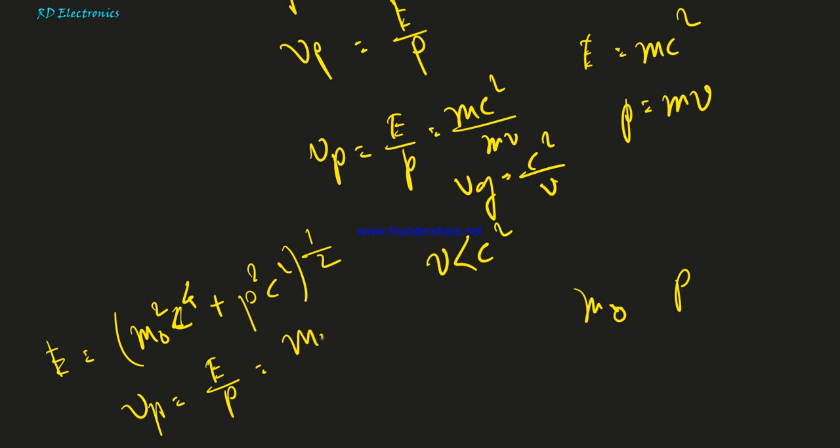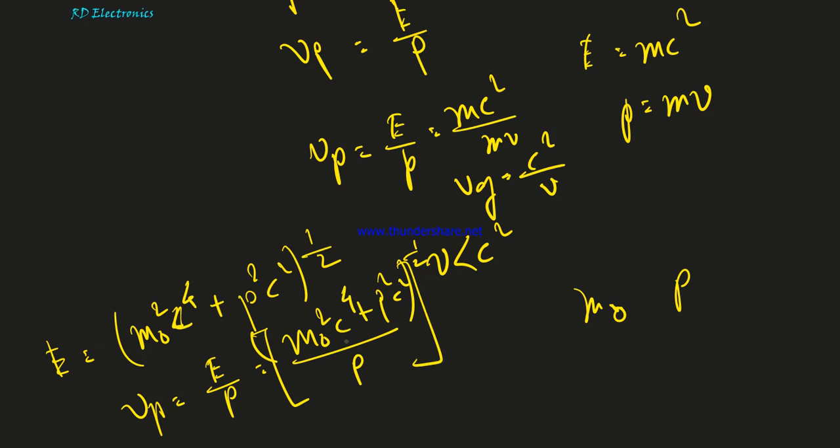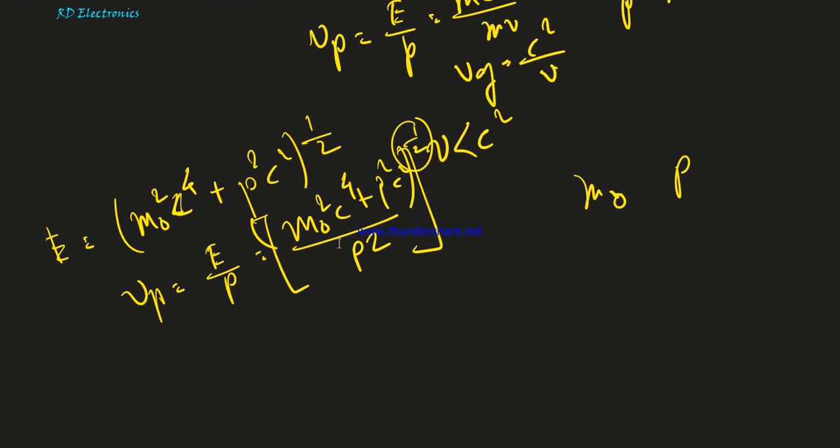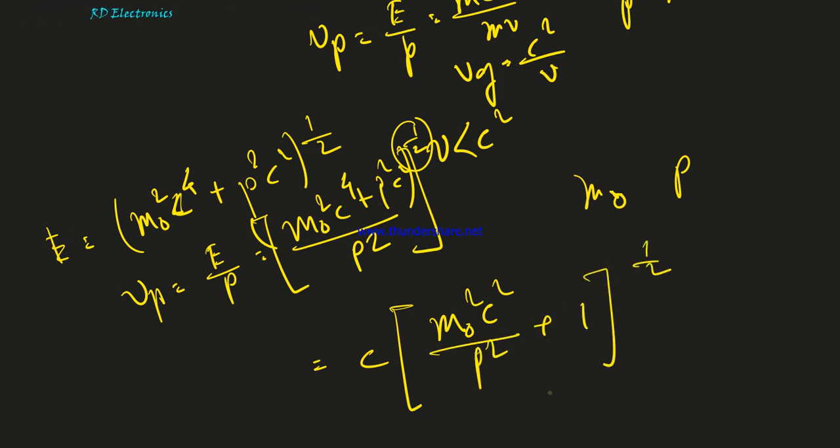This expression can be written as c times (m0² c² by p² + 1) to the power half, after taking the common c term from the mathematical derivation.